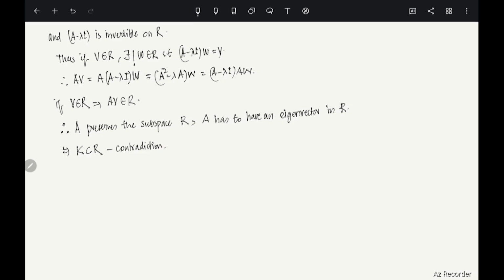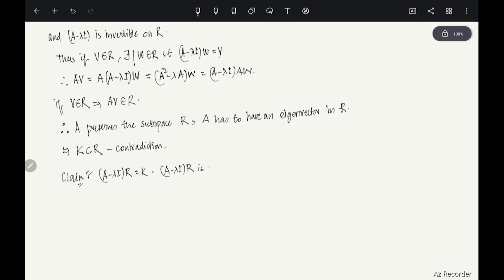Okay. So now what we are going to do is claim the second claim. This is a complicated situation here. The second claim is this: A minus lambda I of R is nothing but K. Okay. Now why is it? This is not a very difficult thing to see. See, A minus lambda I of R is one dimensional.